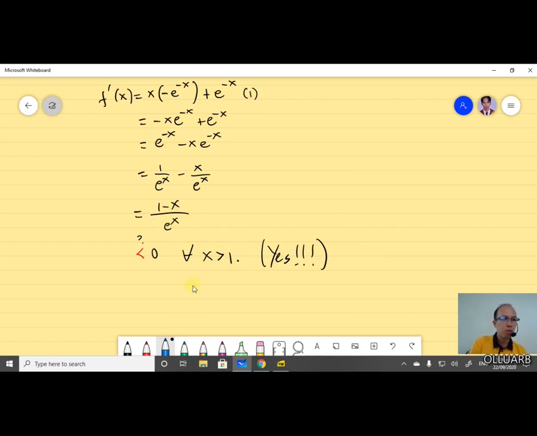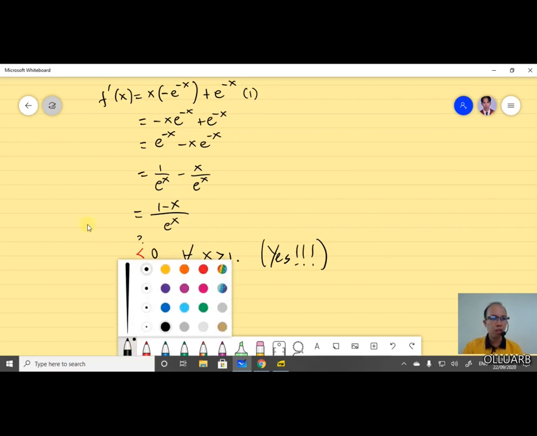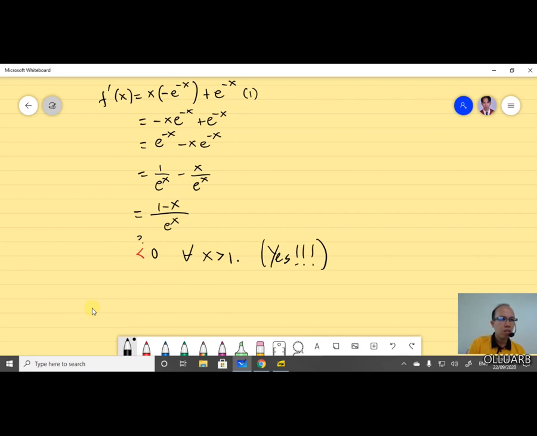So the conclusion here implies that the function is decreasing for all n greater than or equal to 1.